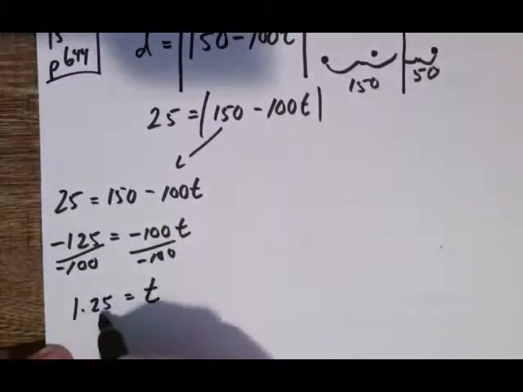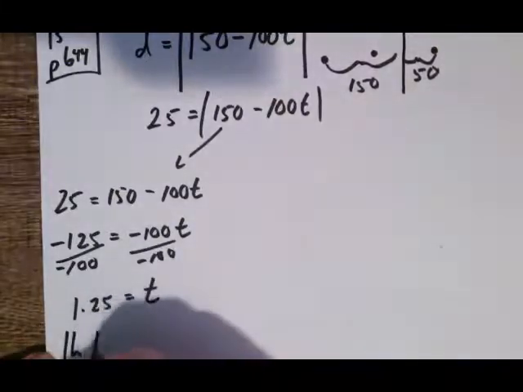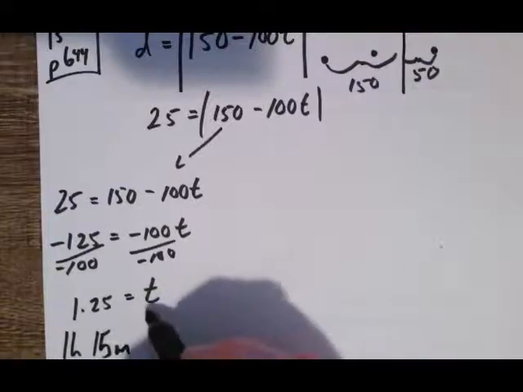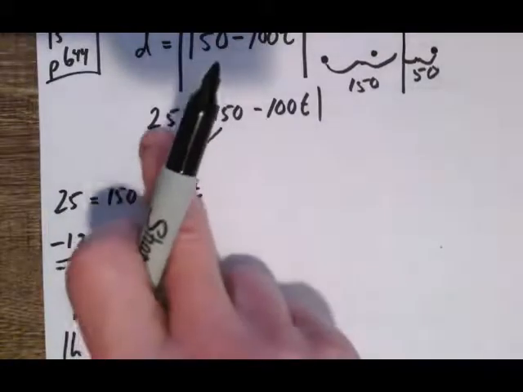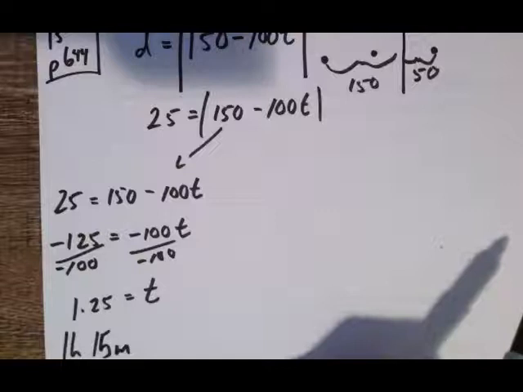So in 1.25 hours, or that's an hour and 15 minutes. Whatever, 1 hour, 15 minutes is how long it'll be before it's 25 kilometers away from the border. Now that is one solution.